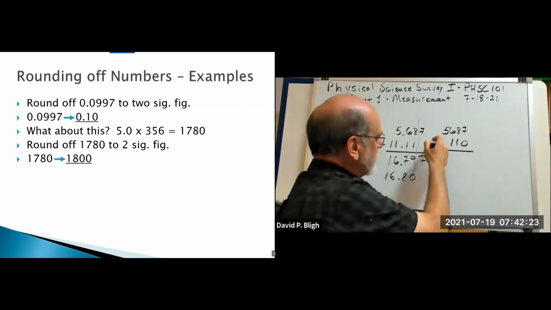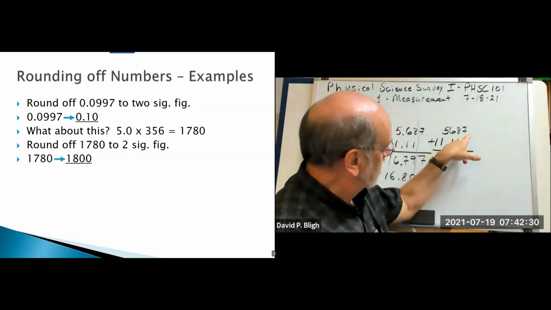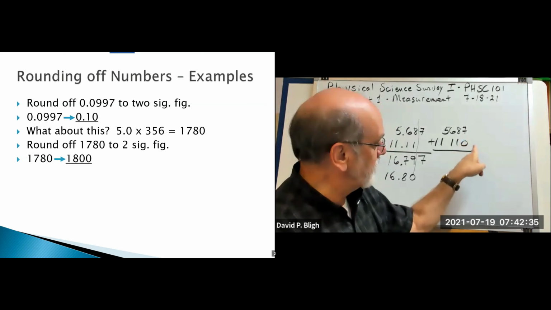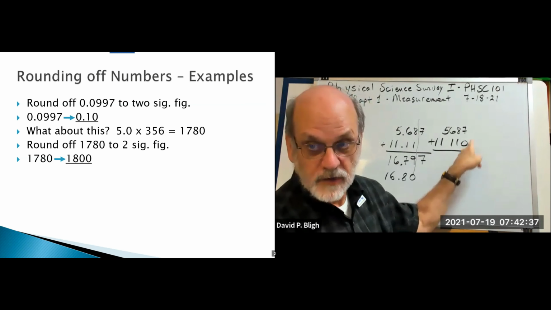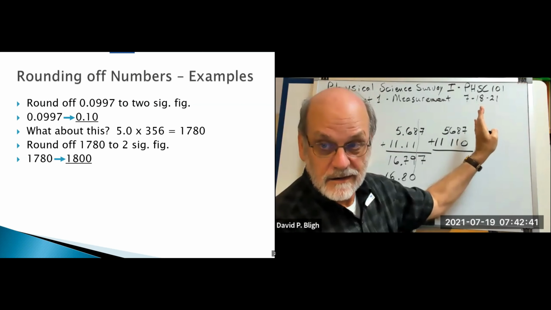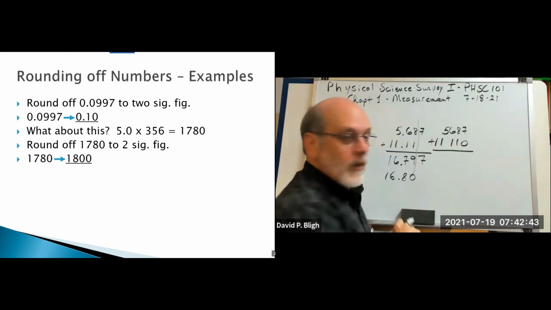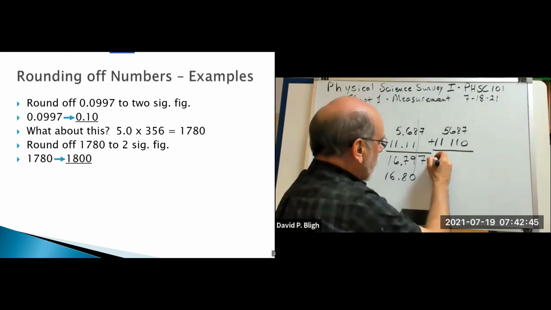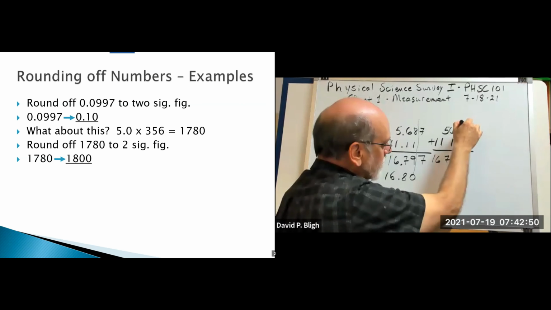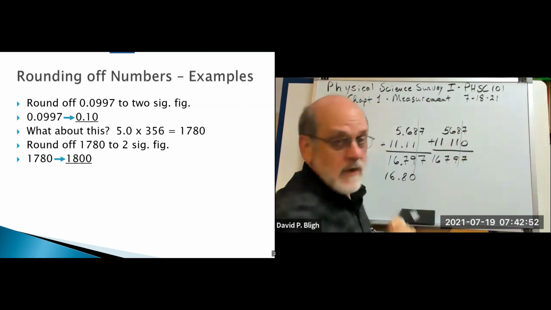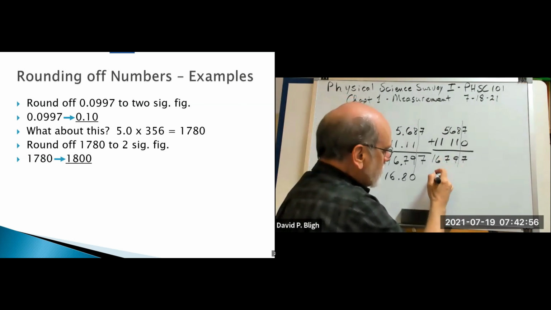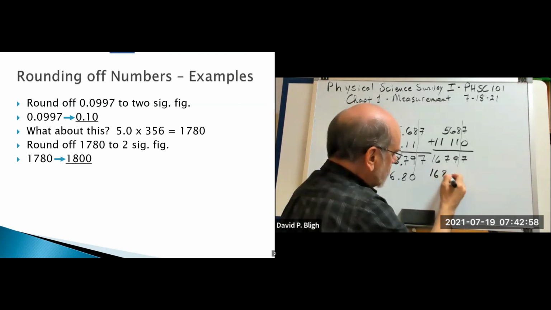Notice that there's no decimal place. This one has an understood decimal here, and that one has an understood decimal there. So we line them up on those decimals, but they're not there. So where are we limited with our answer? Well, we get 16797, but we're limited here because that 0 is not significant. There's no decimal in it. So for this one, we would say 168.